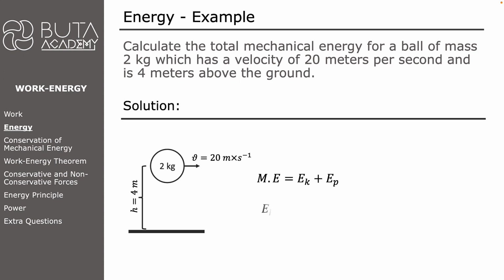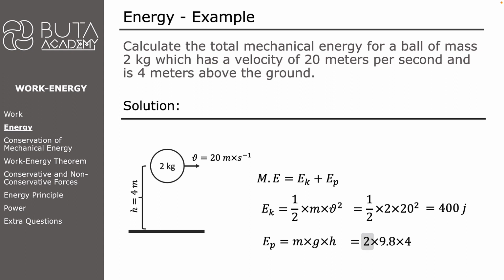Kinetic energy is 1/2 times m times the square of v. Mass is 2 kgs and velocity is 20 meters per second. Kinetic energy is equal to 400 joules. Gravitational potential energy is mass times gravitational acceleration times height of an object. m is 2 kilograms, g is equal to 9.8, and h is 4 meters.